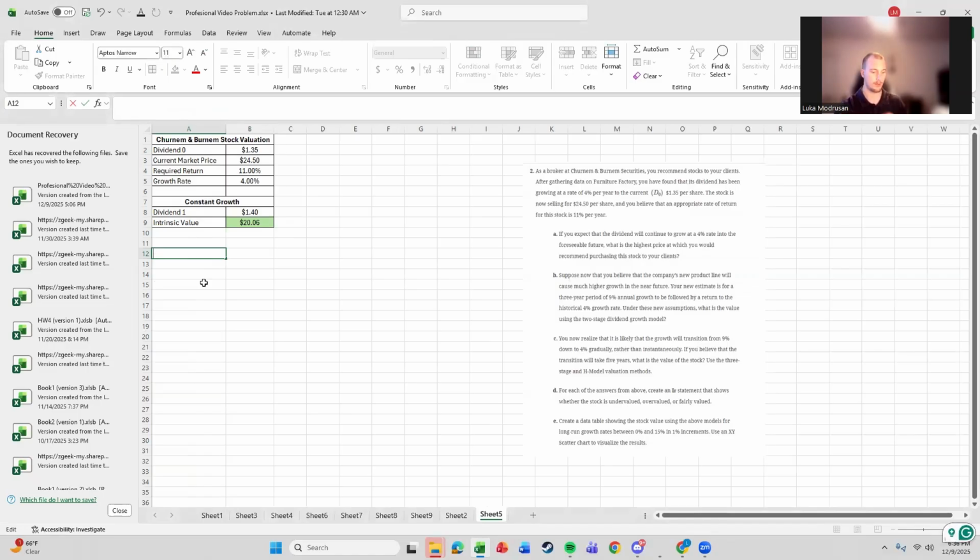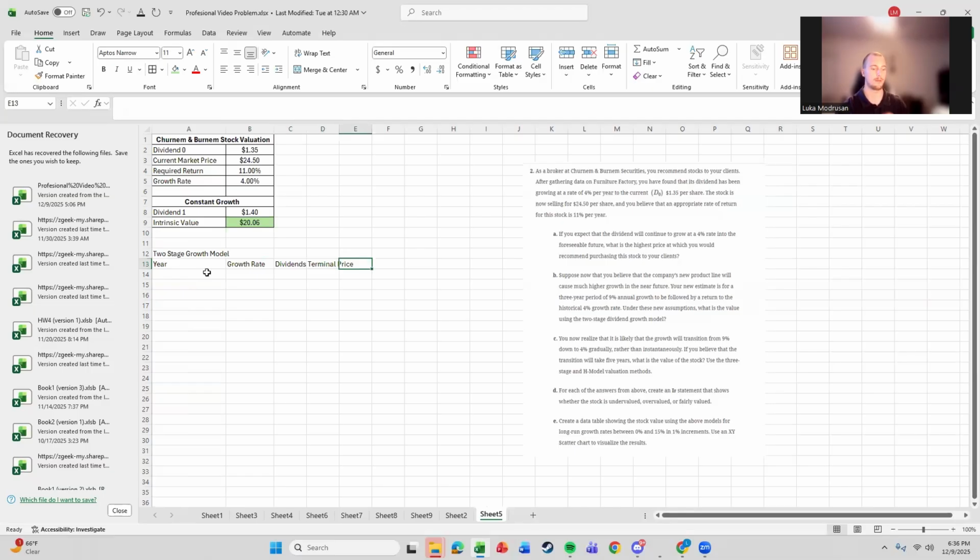It's going to be the two-stage growth model. So we're going to need year, growth rate, dividends, terminal price.